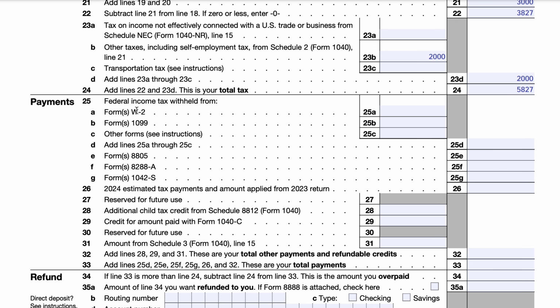IRS Form W-4 is the tax form where you can direct your employer to adjust the taxes they're withholding on your Form W-2. And then W-4P is the same thing, but for pension income, which usually is paid out on a Form 1099.